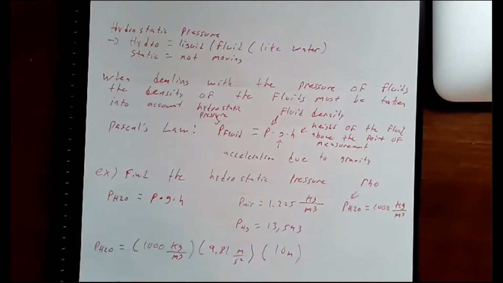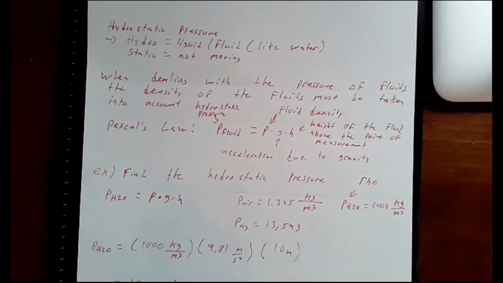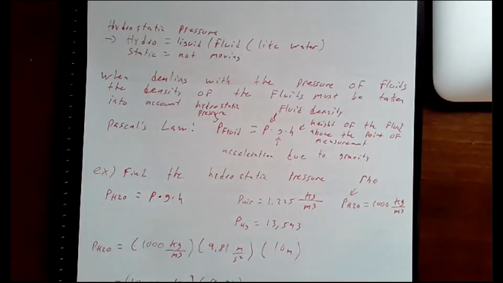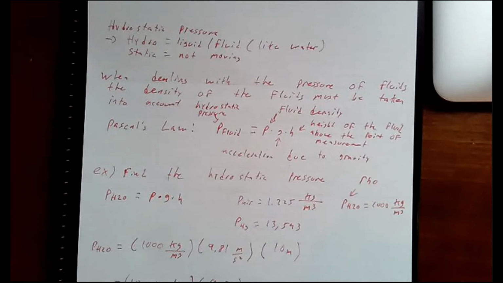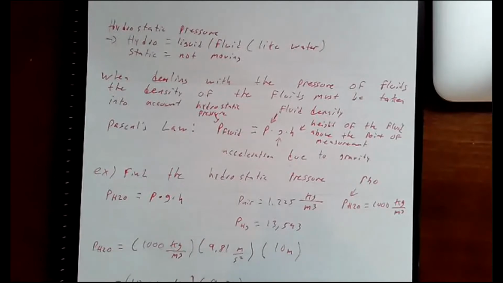So we'll end up with 10,000 kilograms times 9.81 per second squared, that would be kilograms per meter second squared. This will become 98,100.